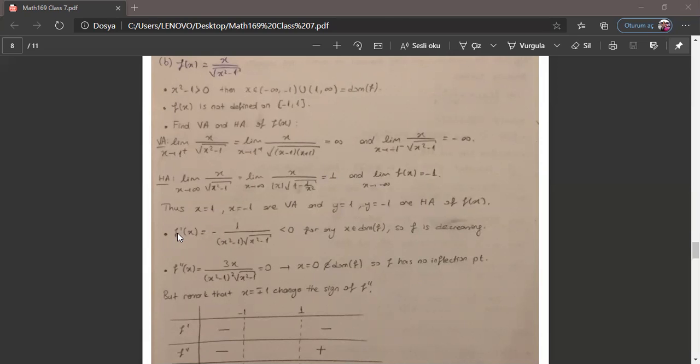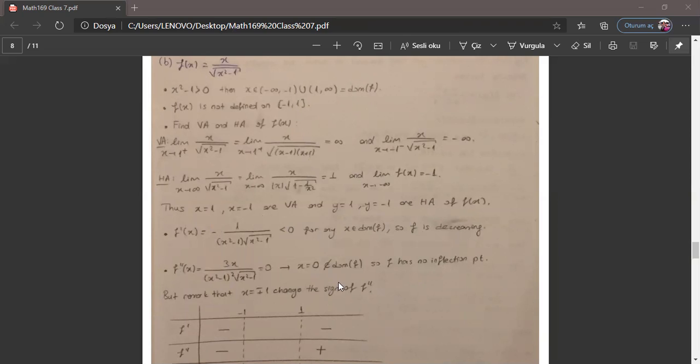So what's the first derivative of the function? We get this. We see it's always negative, because the function is not defined on this interval, so the expression here will be positive. It's always negative, which means it's decreasing. The function f is decreasing, okay? This has no root, but from the sign of this derivative, we get that f is decreasing. And for f double prime, we find this. If this is equal to 0, x should be 0, but it's not in the domain.